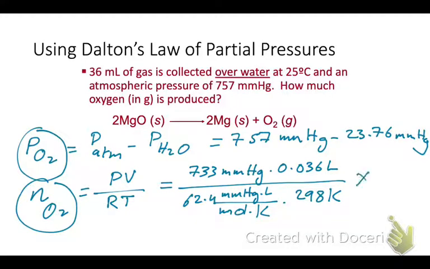Then the last step is to convert it into grams by saying there are 32 grams of oxygen for every 1 mole of oxygen. We have done this math a lot, so I'm sure you are comfortable with this. And you do the math, you multiply the number of moles by the molar mass, and you will get the mass of oxygen collected.